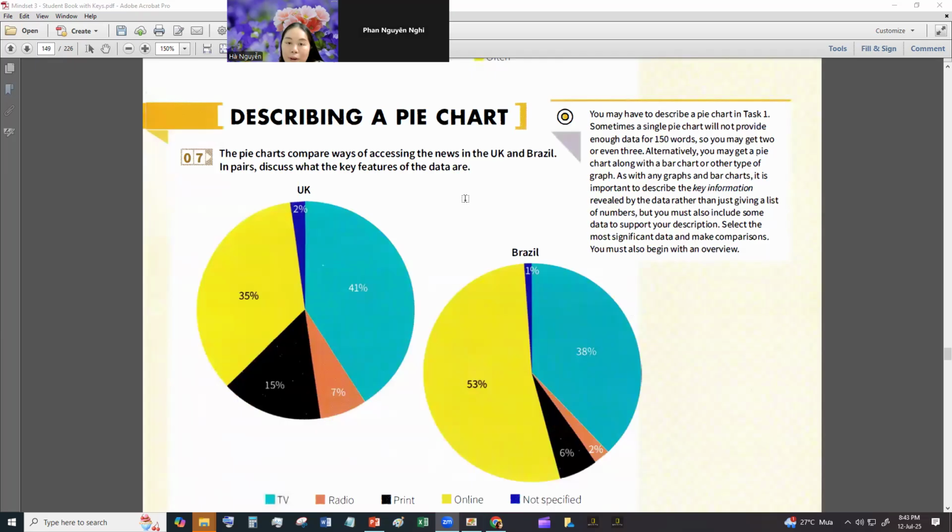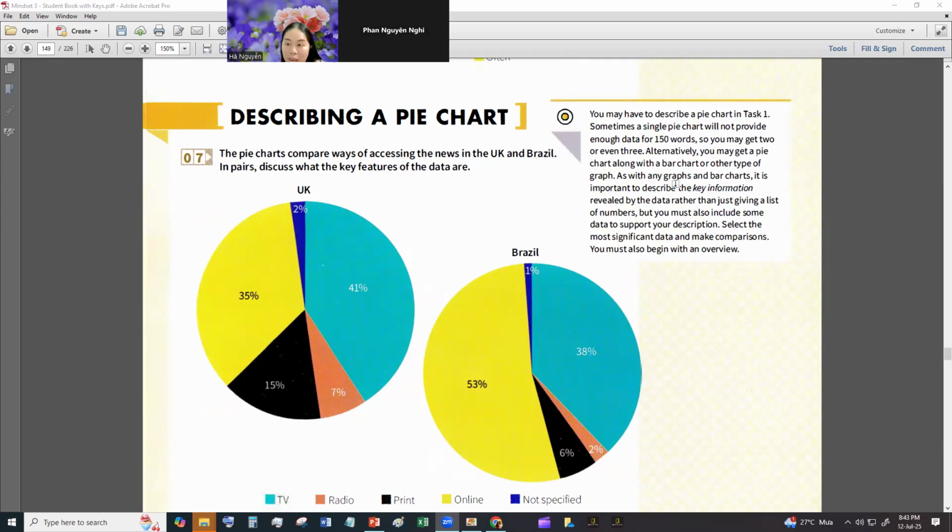Okay, so in IELTS writing task 1, you may have to describe a pie chart. Sometimes a single pie chart will not provide enough data for 150 words, so you may get 2 or even 3 pie charts. Alternatively, you may get a pie chart along with a bar chart or other types of graph.